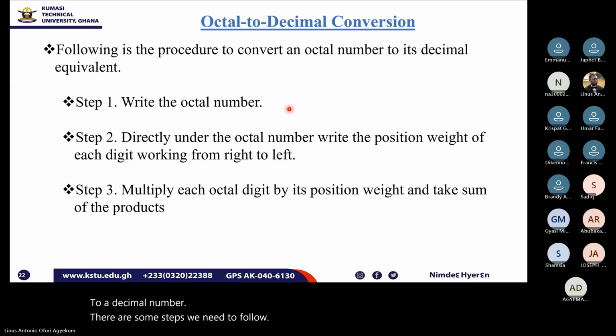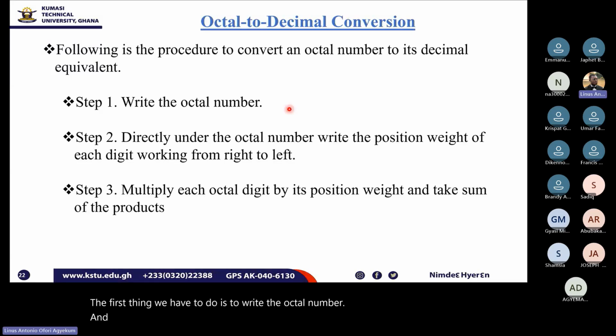The first thing we have to do is to write the octal number. And then directly under the octal number, we write the position weight of each digit, working from the right to the left.